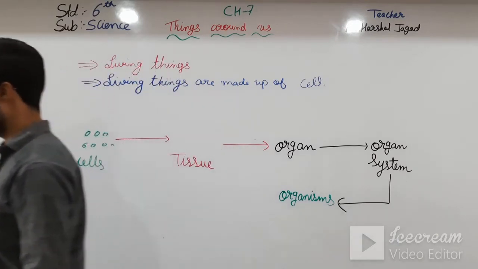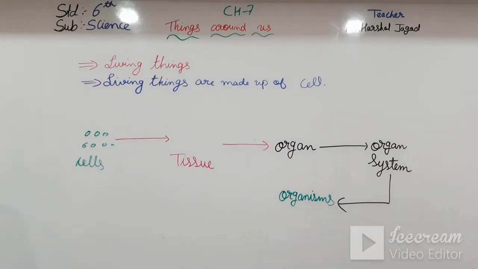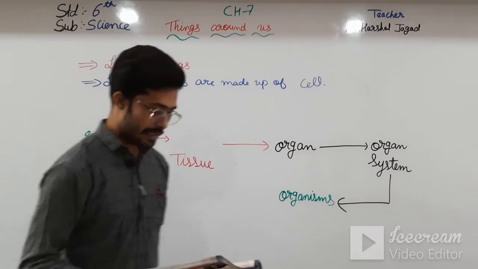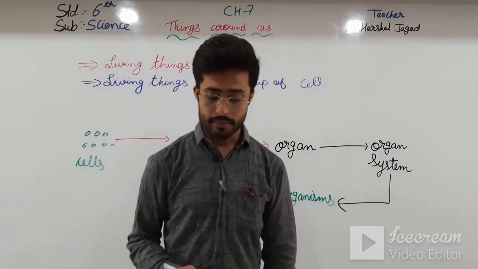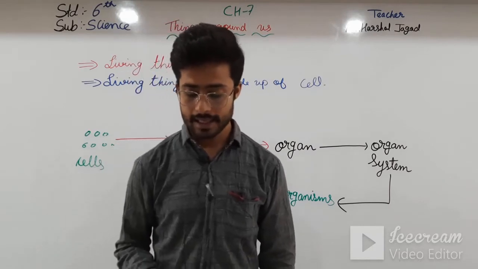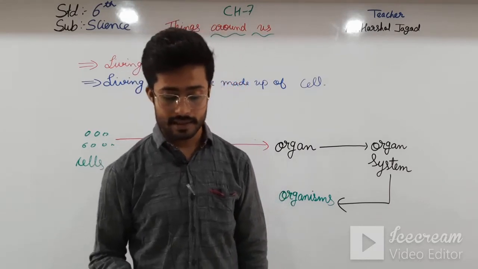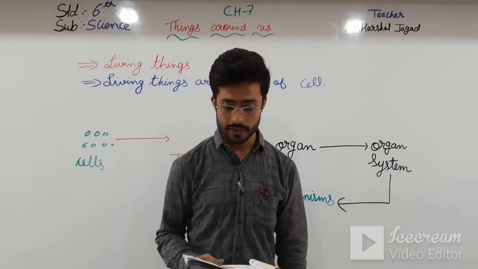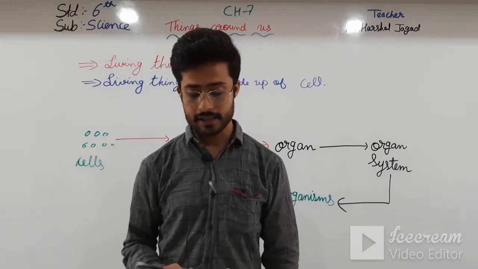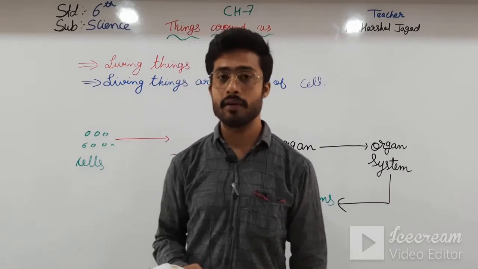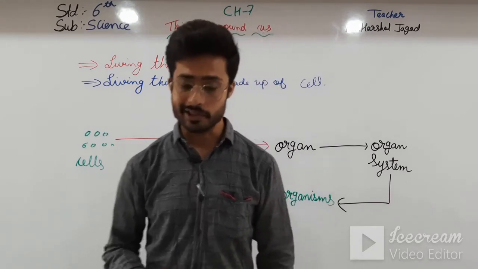Okay students, here the theory part is given. Living things are made up of cells, which are the building blocks of the body. A cell is the smallest structural and functional unit of the organism. A group of similar cells performing a particular function forms a tissue.